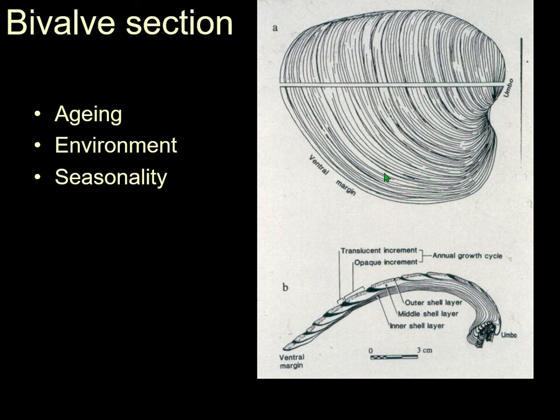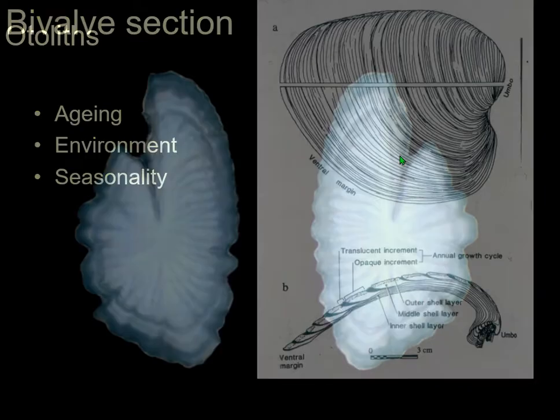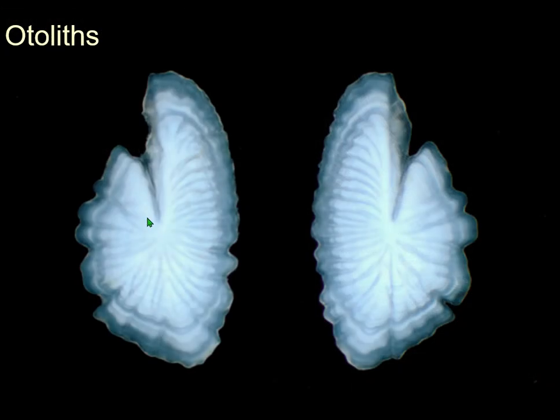So this is a bivalve. This is an otolith. This is a bone you get in the ears of fish. And this also has very distinct growth rings.